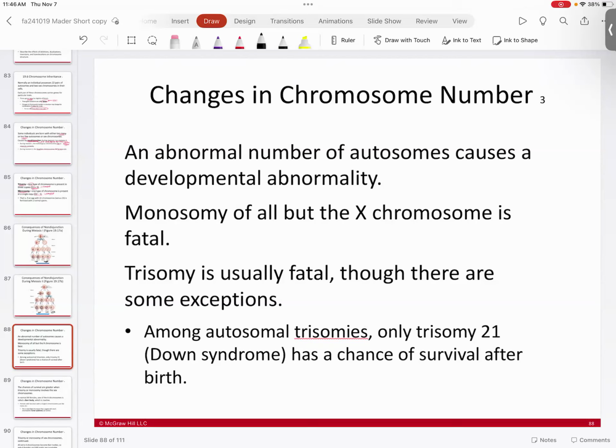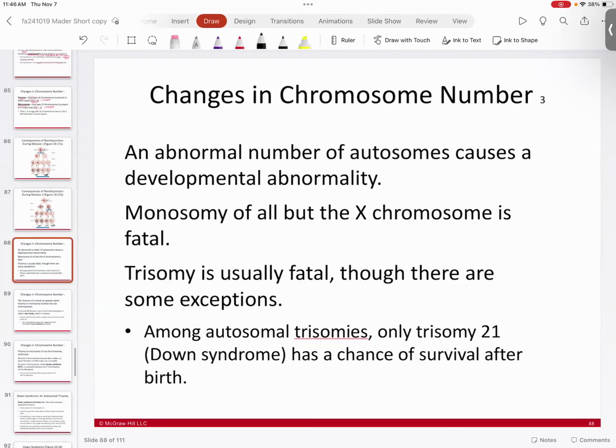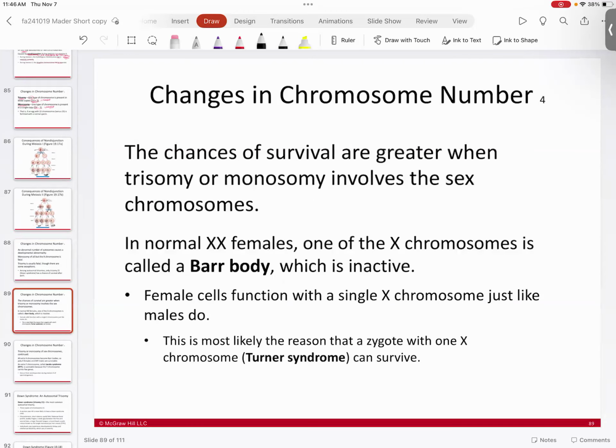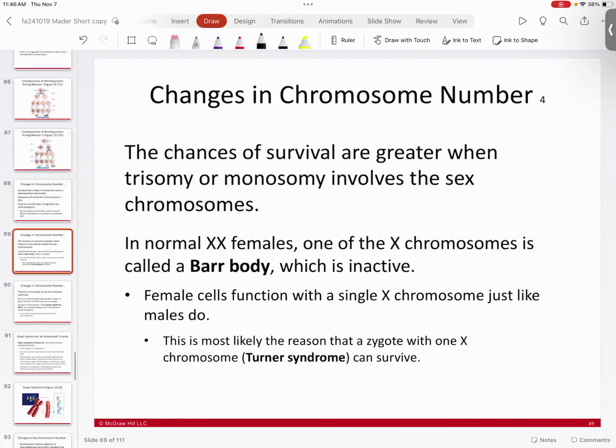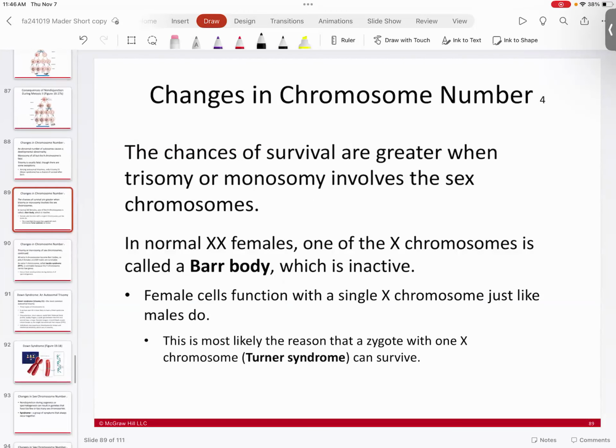They'll never make it to term. Trisomies also are very lethal. The only one that has any kind of penetration is trisomy 21, Down syndrome, and so that has the biggest chance of making it to birth. They can actually live a fairly decent life, but their life expectancy is oftentimes limited. Their life expectancy is maybe in their 50s, as opposed to the 80s or 90s, depending on who you look at.